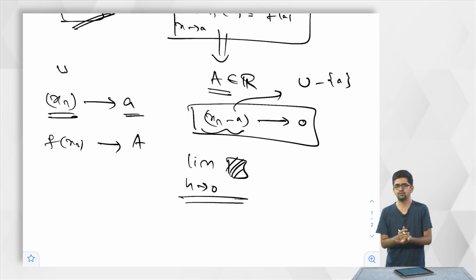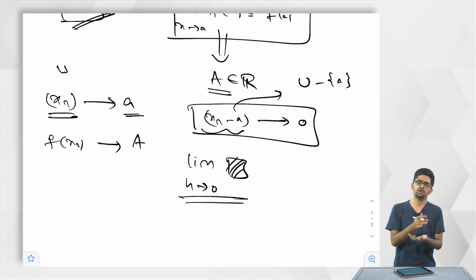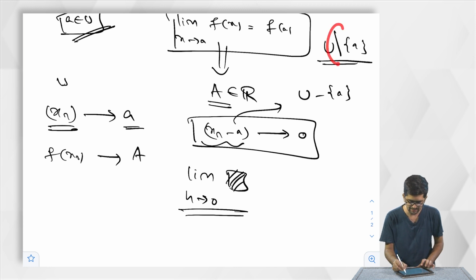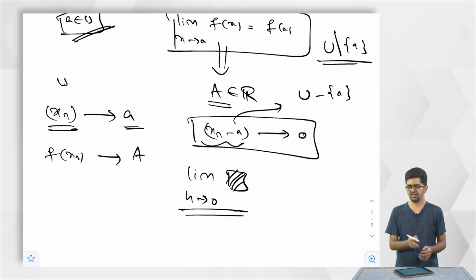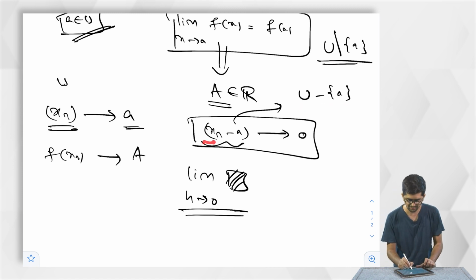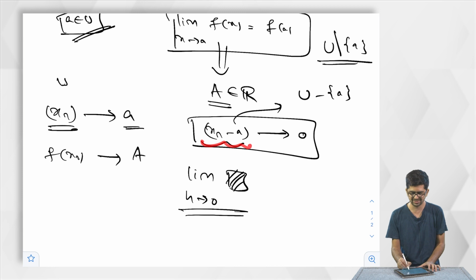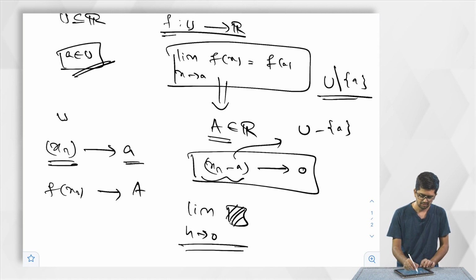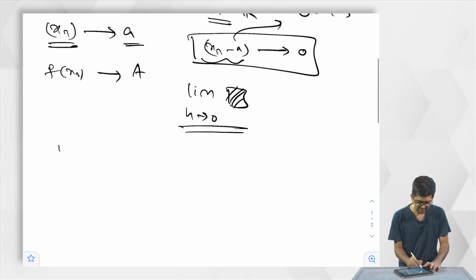I am not saying from the set U we are removing a, no, not that. We will be writing U, this minus symbol, which is for the difference of two sets. So, here I am taking x_n minus a, so it is an element of U minus a. Now from the function f on U, we construct a function g on U minus a.